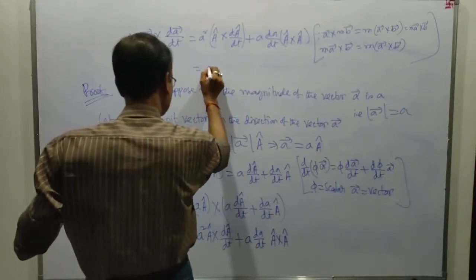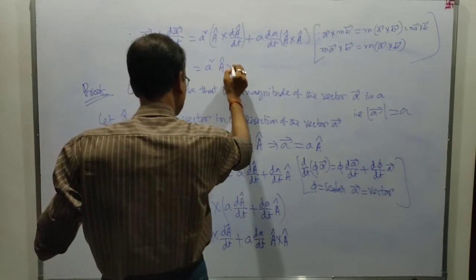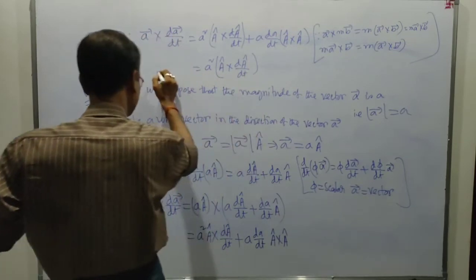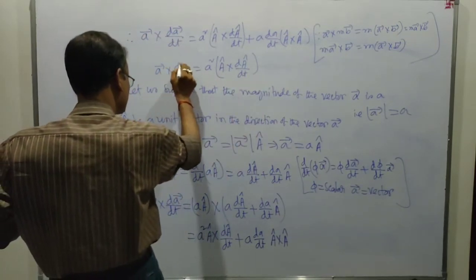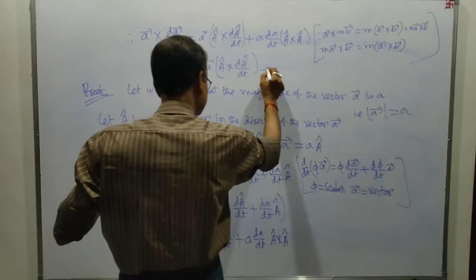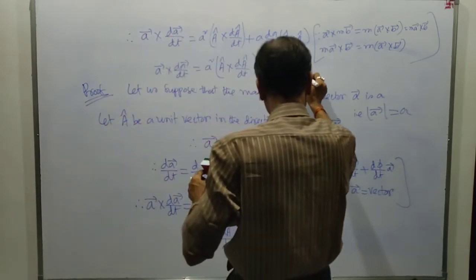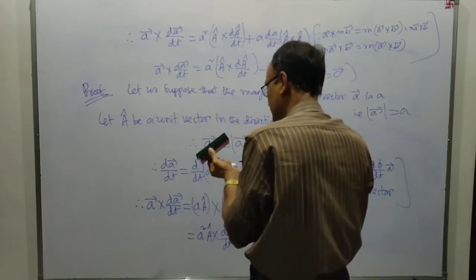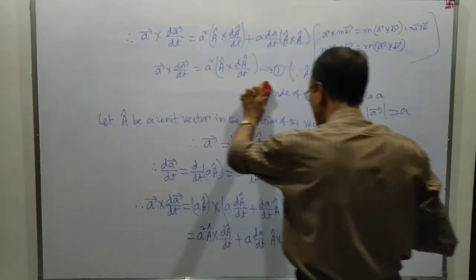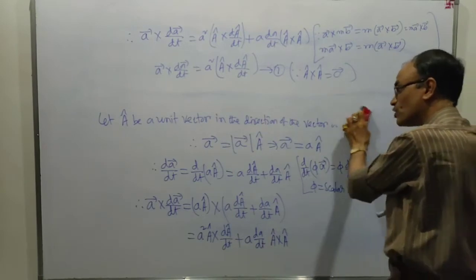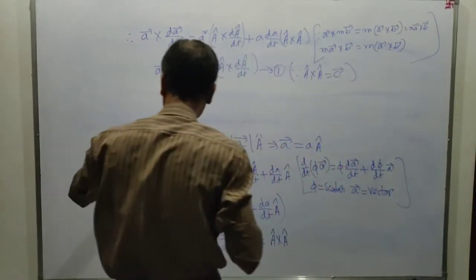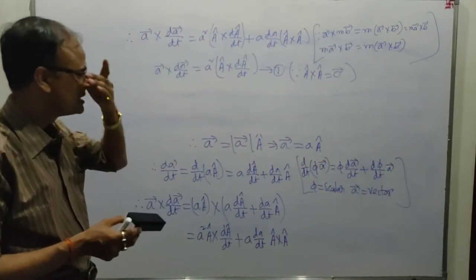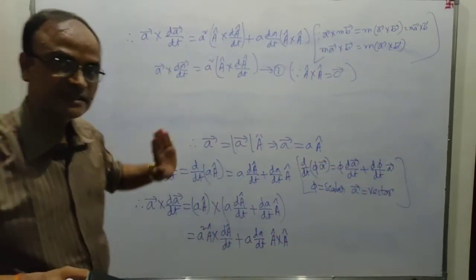This is equal to A square A cap cross dA cap by dt, simply A vector cross dA vector by dt. Suppose this is number 1, since A cap cross A cap equal to 0 vector, the cross product of two same vectors being 0. We have obtained this result.